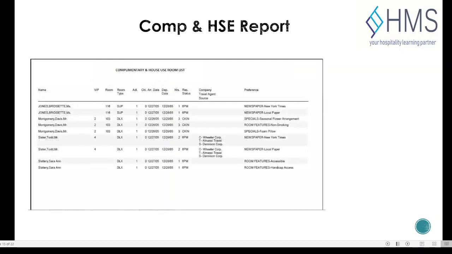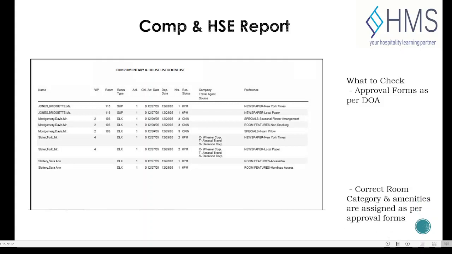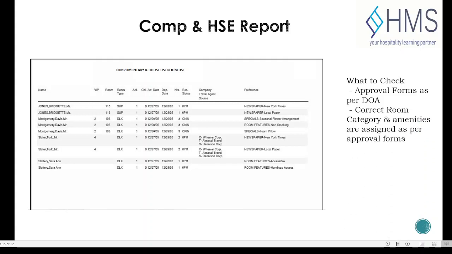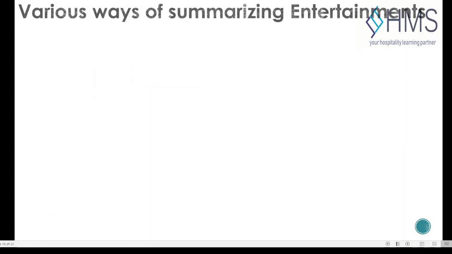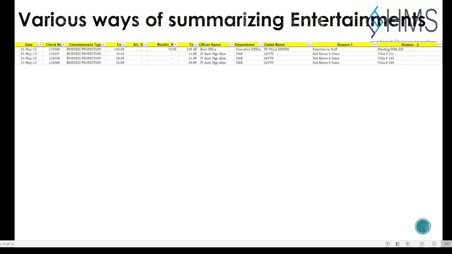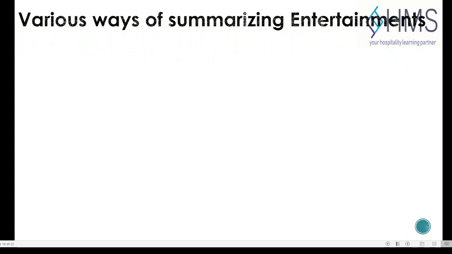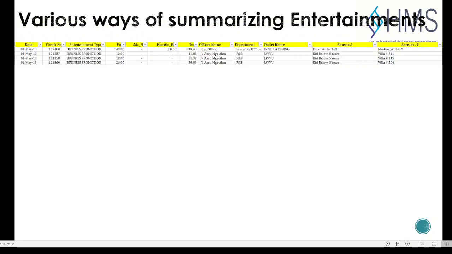They are no different. Then for the complementary house use report, usually you have to check the approvals, and that the correct room categories and amenities are assigned as per the approval form. So these are the various ways of summarizing the entertainment report.